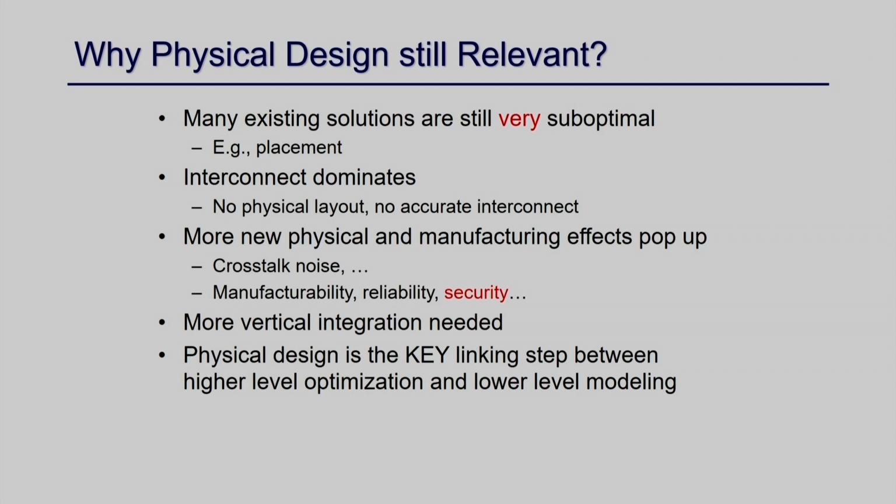All these new key aspects are coming, and you have to emerge with some new kind of placement algorithm or partitioning algorithm that should support these new requirements of your design. For example, security is a very important issue nowadays.